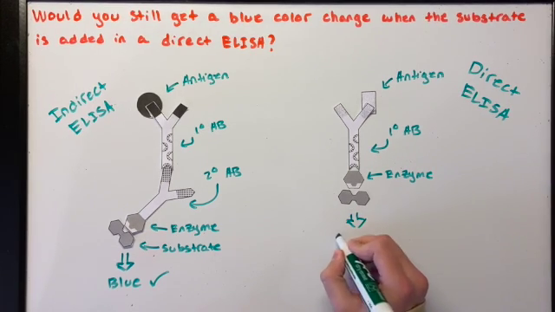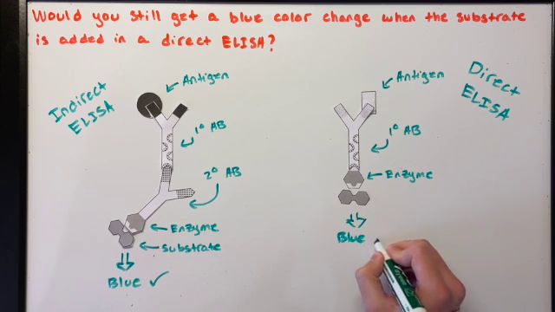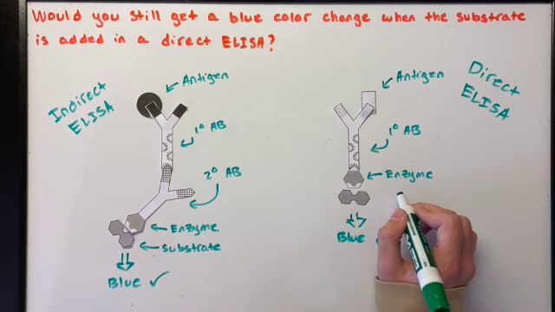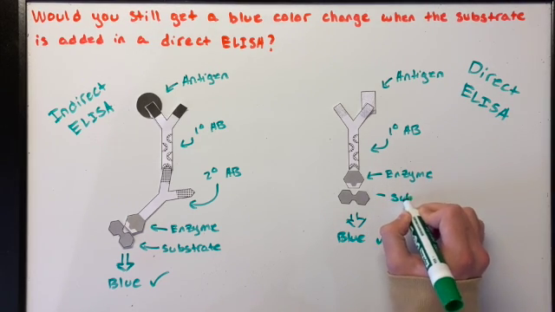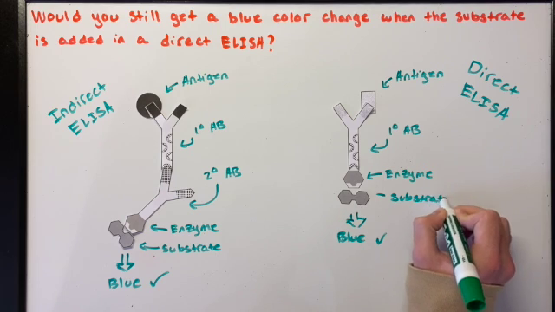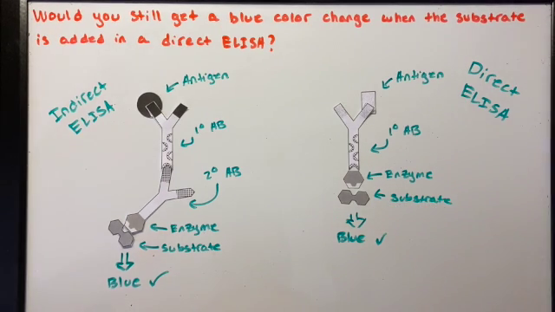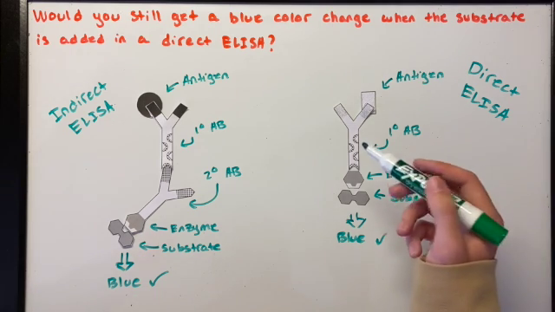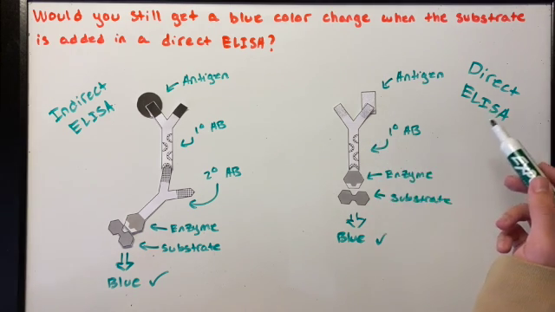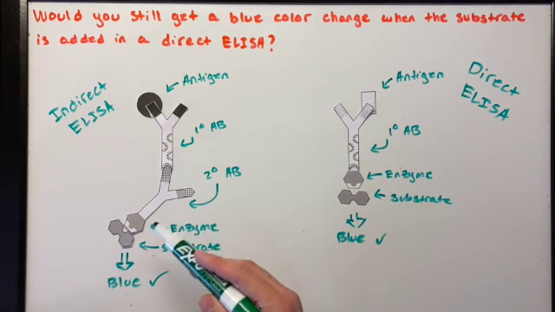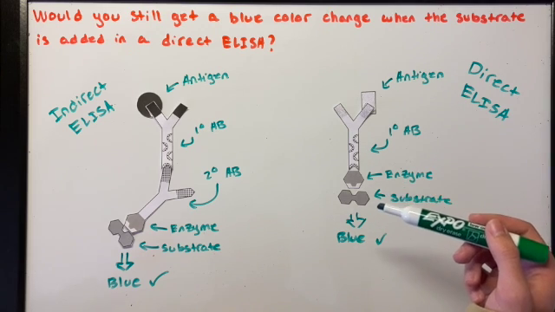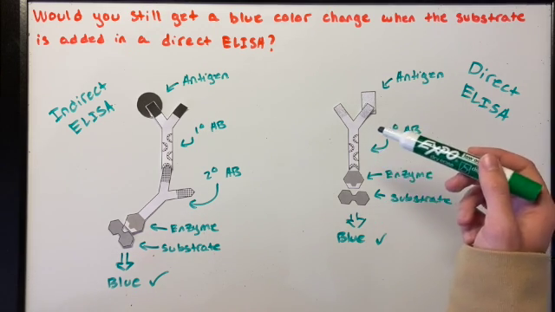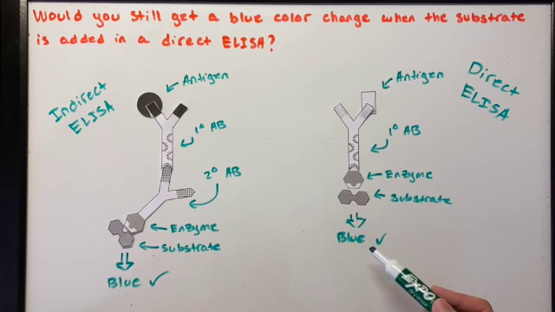And this is because the blue color change is completely dependent on the presence of our substrate and our enzyme. It doesn't matter which antibody they're located on. It can be the primary antibody, in the case of the direct ELISA, or the secondary antibody, in the case of an indirect ELISA. As long as the enzyme and substrate are present on an antibody, the blue color change will still occur.